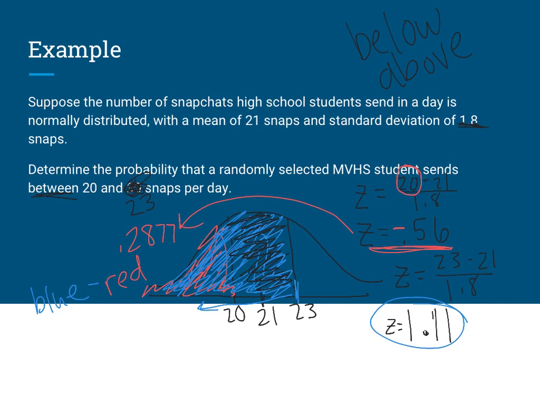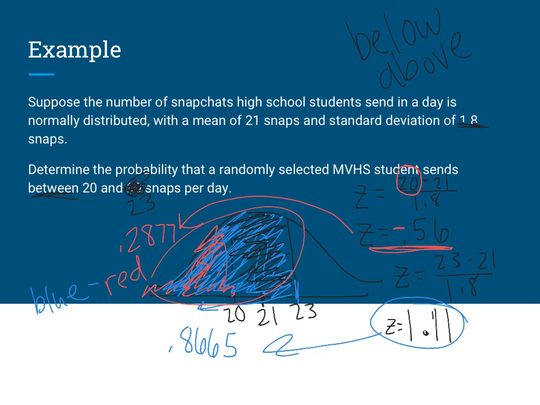Because if I take the blue area and then subtract out the red area, I'll be left with the black area. So, looking up 1.11, I get 0.8665.